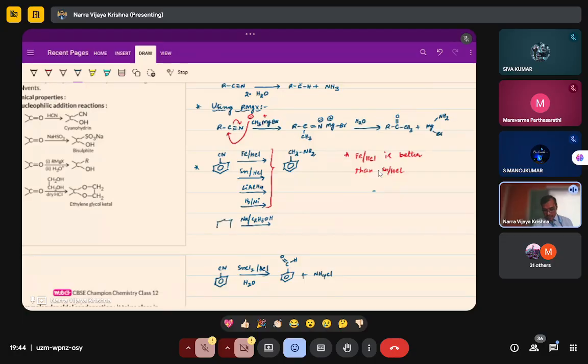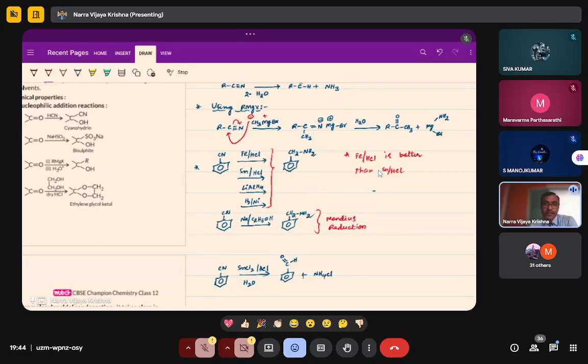Then also I will get the same product. But we call this Mendius. Any questions?